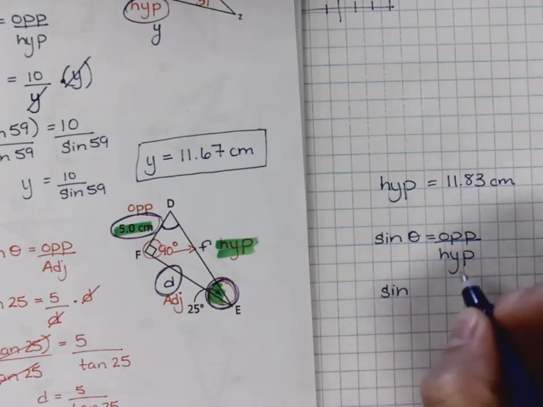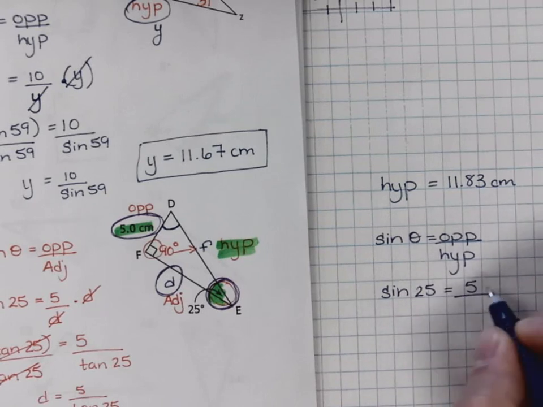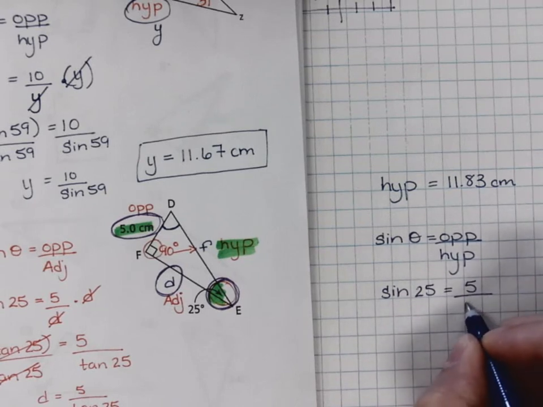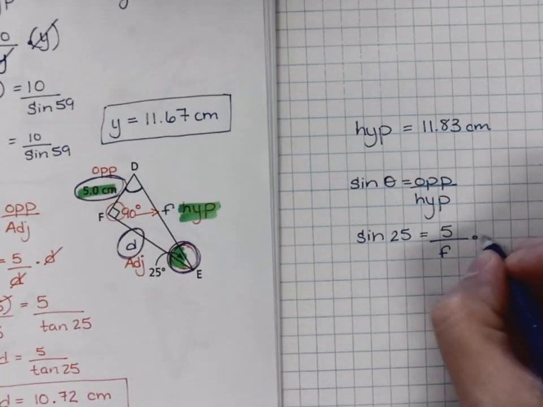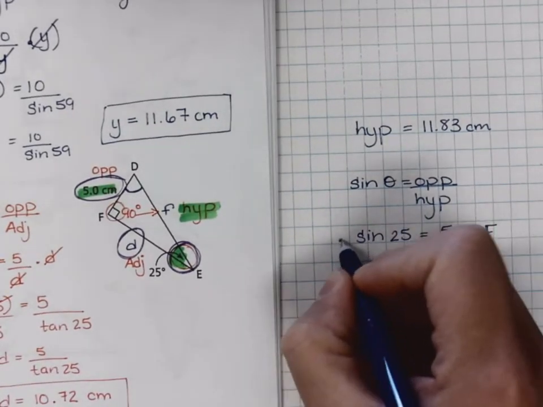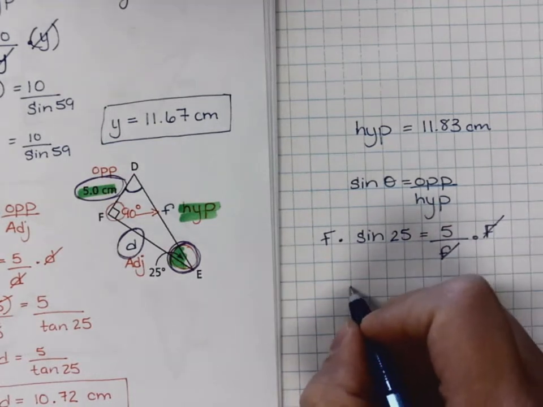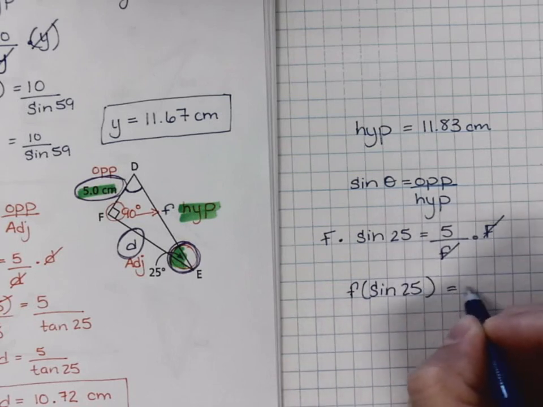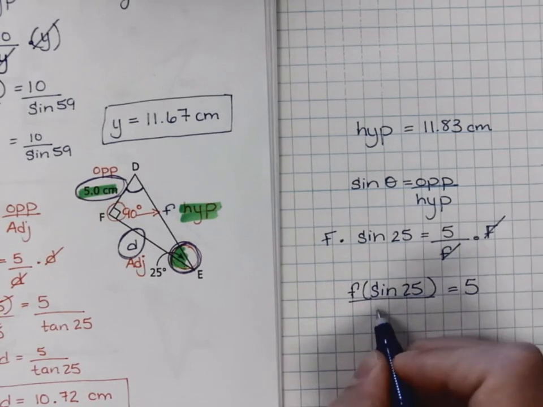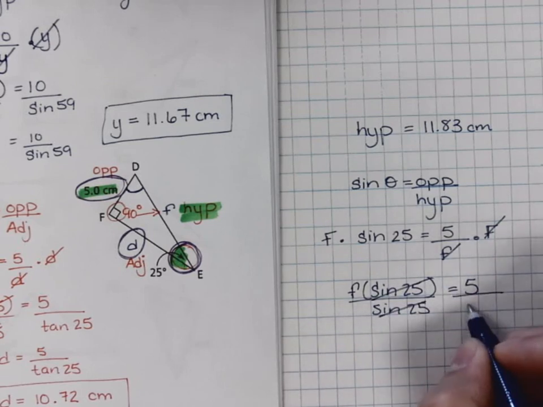We have sine of 25 is equal to 5 over the hypotenuse, which is the letter F. Okay, I'm going to rearrange, so I'm going to multiply both sides by F. Those cancel each other out. I'm left with F times sine of 25 equals 5. Divide out that sine of 25, because I want to get F by itself.